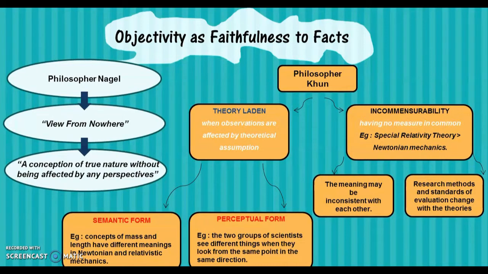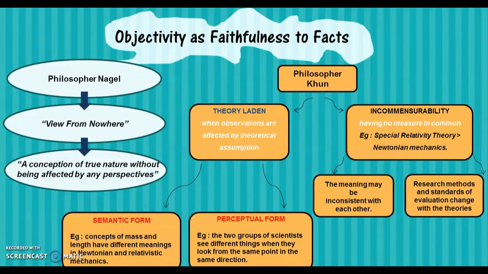We move to the incommensurability, which means no measure in common. For example, special theory of relativity appears to be more faithful to the facts and therefore more objective than Newtonian mechanics. This is because the theories in special theory relativity is more valid and useful.